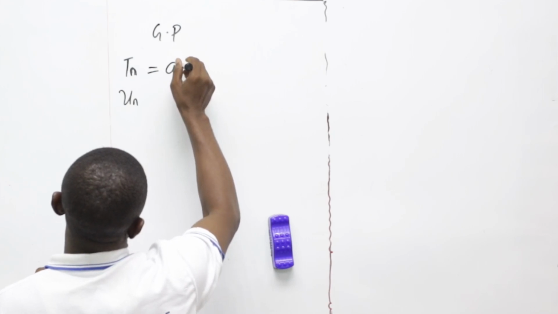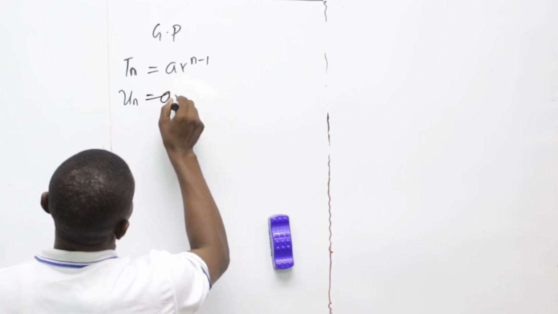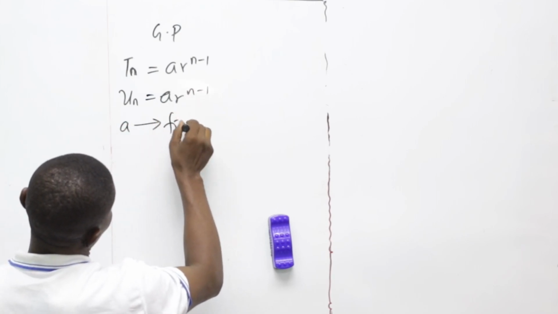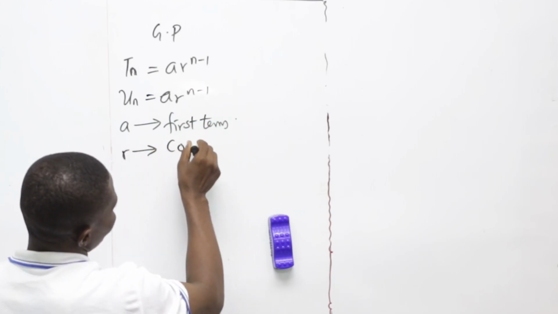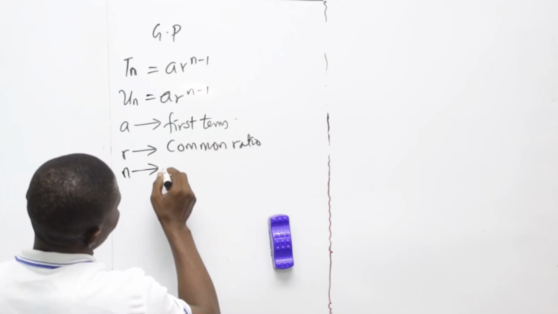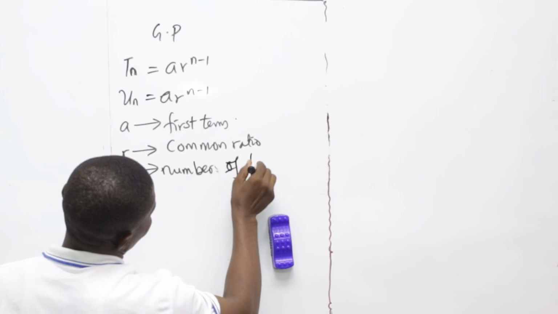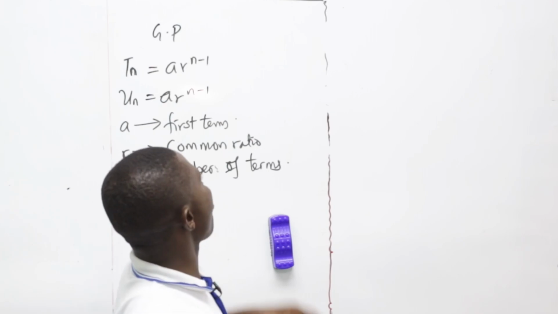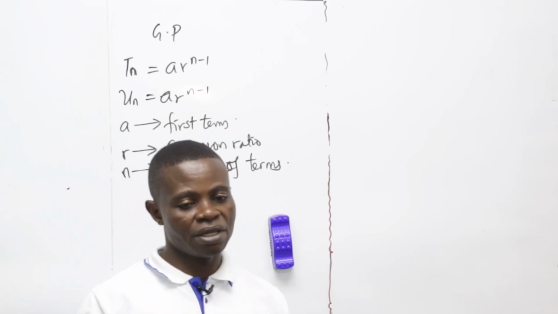Tn equals A R raised to the power n minus 1, where A implies the first term, as usual, R implies the common ratio, and n implies the number of terms. Recall, last term is representing this, in case you have a challenge of that nature.